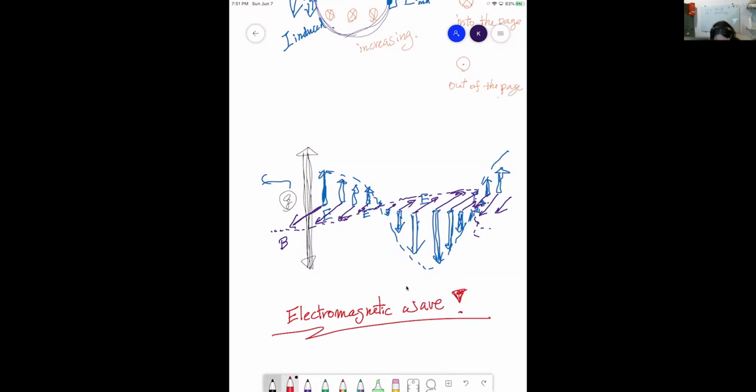A changing electric field induces a change in magnetic field. They oscillate together and propagate together.